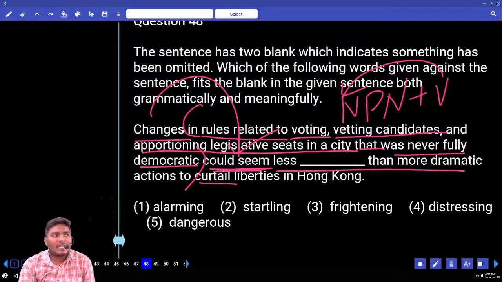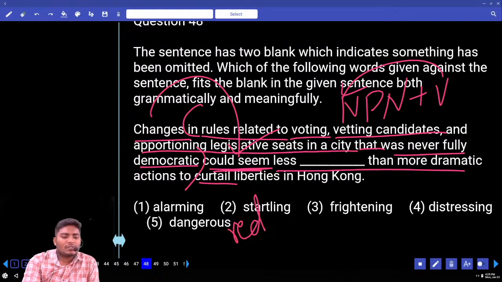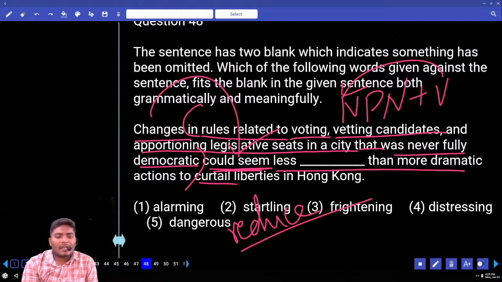What do you mean by curtail? Curtail is to reduce, cut short, make something short. Now tell me your answer. Less alarming, less startling, less frightening, less distressing, less dangerous. Of course, we need an adjective here. Then more dramatic actions. Now tell me your answer.